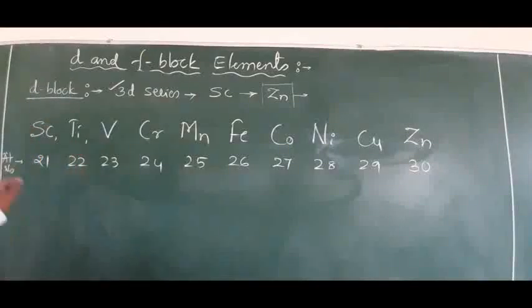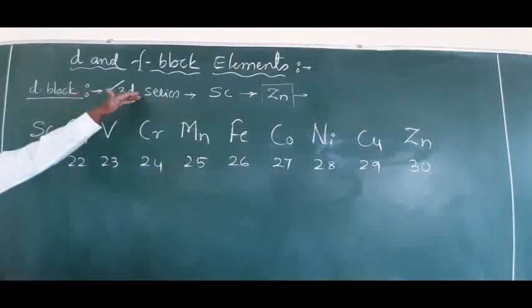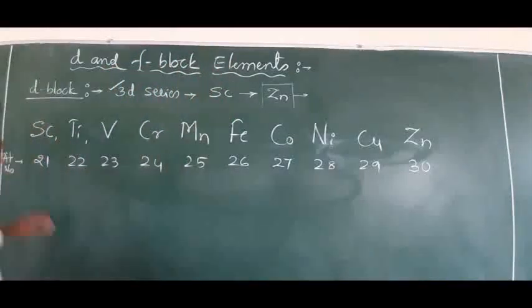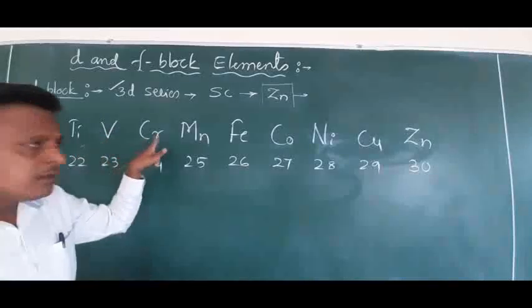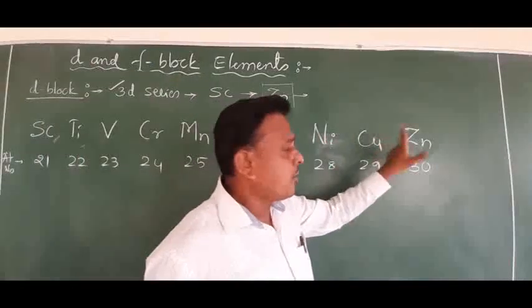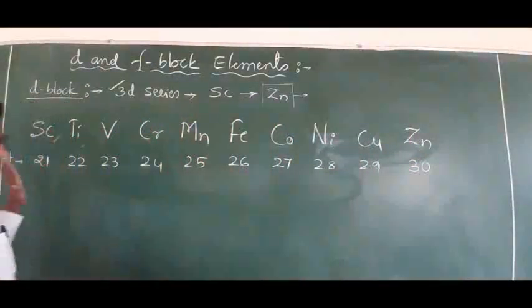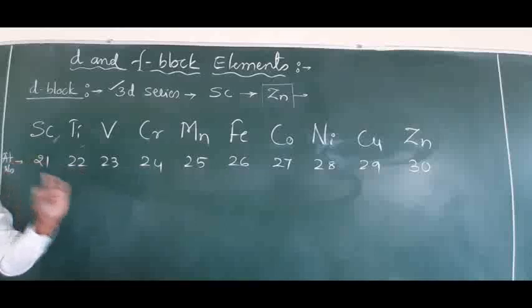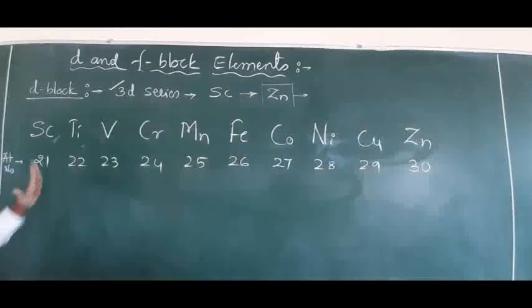Yes, the atomic number from 21 to 30 is the first series, or the 3D series, of the D block elements. It consists of 10 elements: scandium, titanium, vanadium, chromium, manganese, iron, cobalt, nickel, copper, zinc. We concentrate on these 10 elements; it is very, very important for this year.